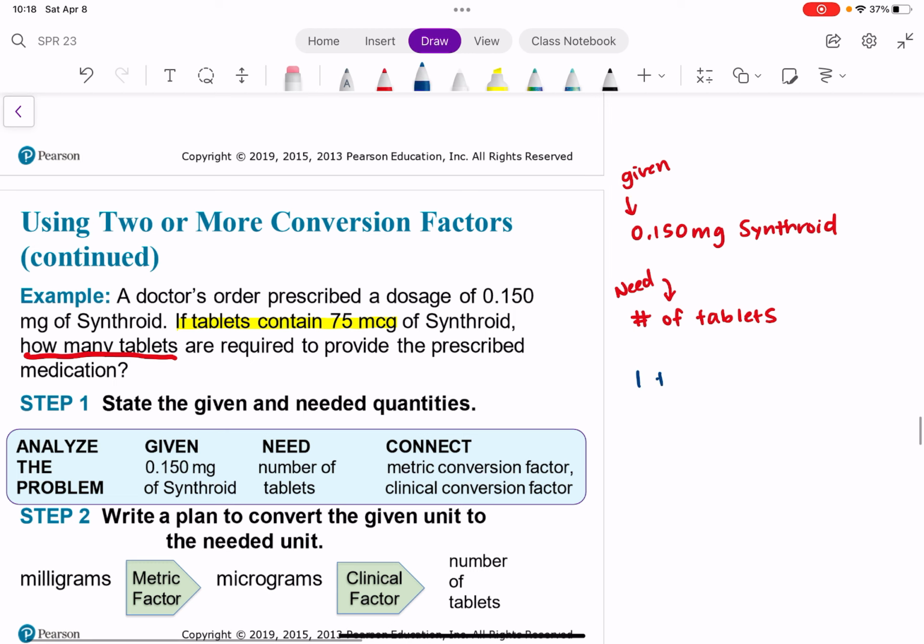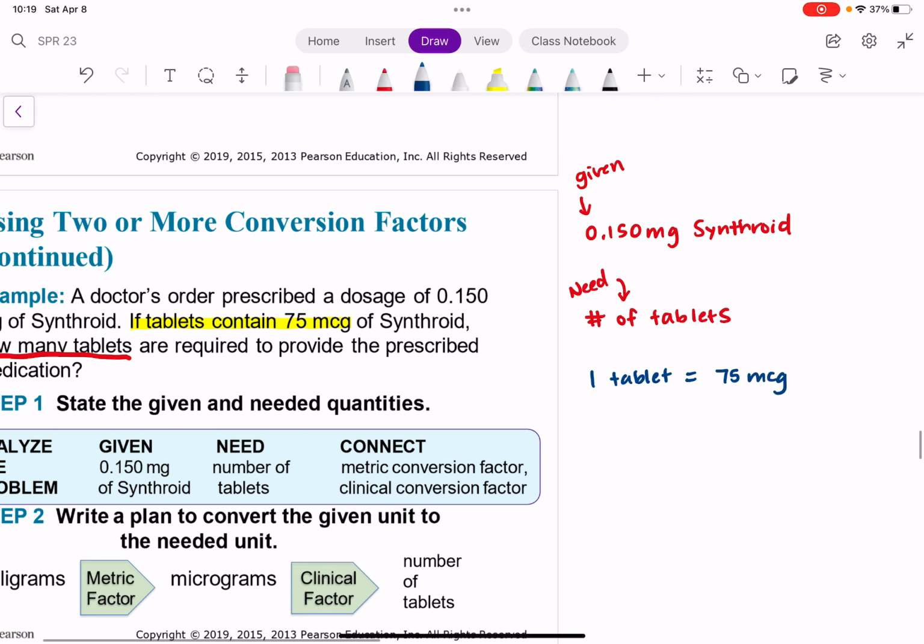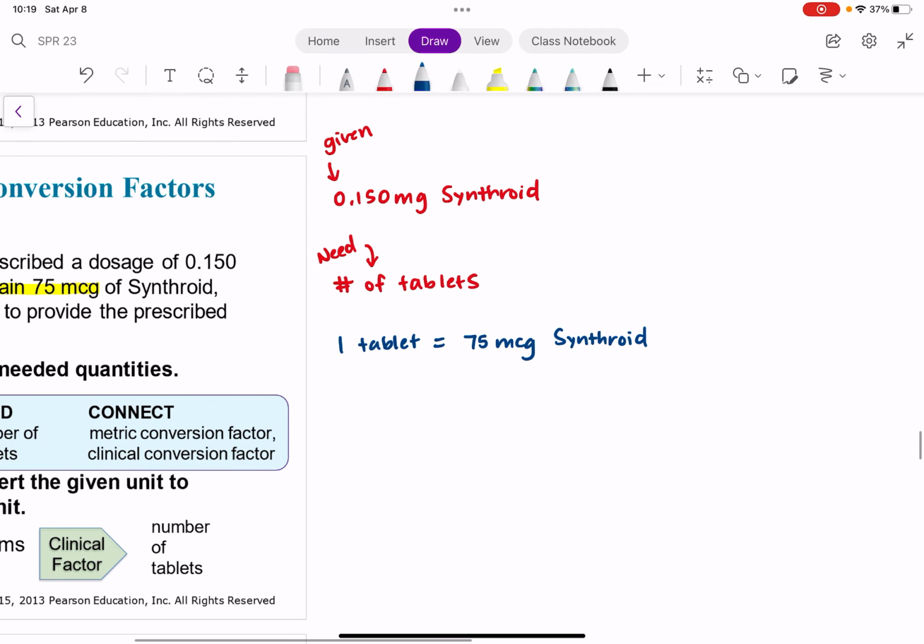So 1 tablet equals 75 micrograms. Do you see how I got there? If each tablet contains 75 micrograms, we can set up an equality that 1 tablet equals 75 micrograms of Synthroid. Okay? All right, so let's think about this for a little bit.